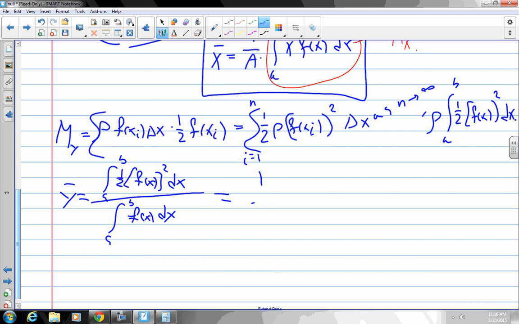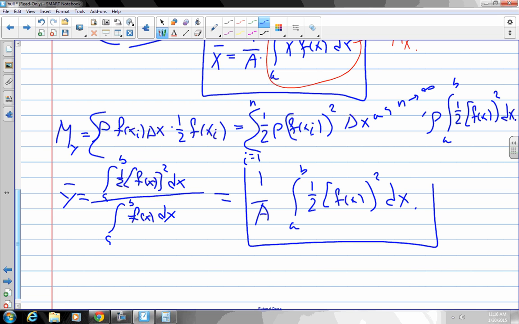So this becomes 1 over A times the integral from a to b, 1/2 the function squared dx. And this is the moment.